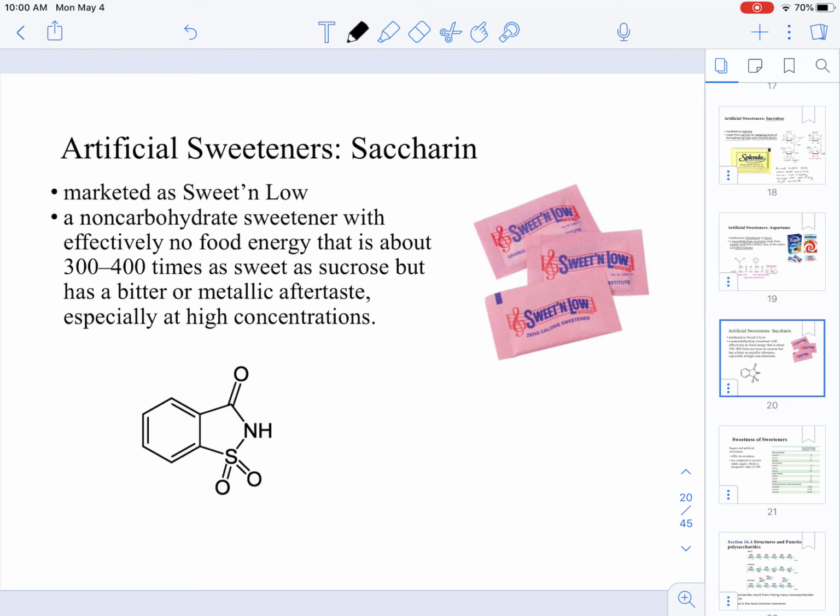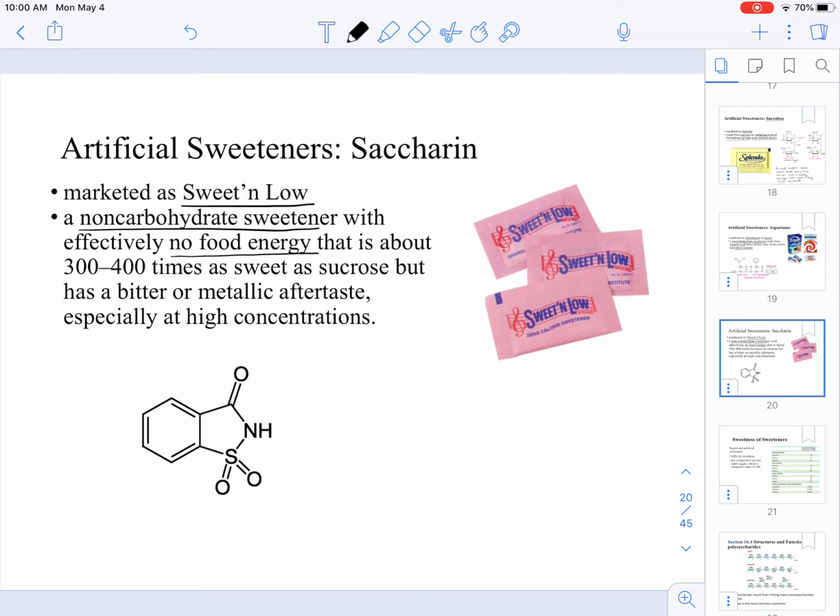The next artificial sweetener that I'm going to talk about is saccharin. Saccharin is marketed as Sweet'N Low. This is another non-carbohydrate sweetener. And understand that these artificial sweeteners that I have talked about, sucralose, aspartame, and saccharin, all three of them are known as no-calorie sweeteners because they don't give any food energy.